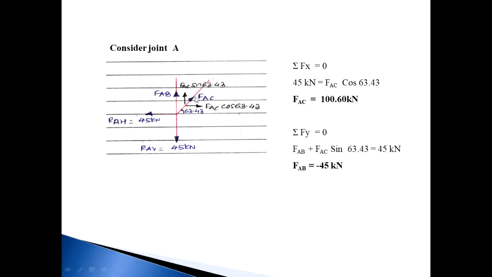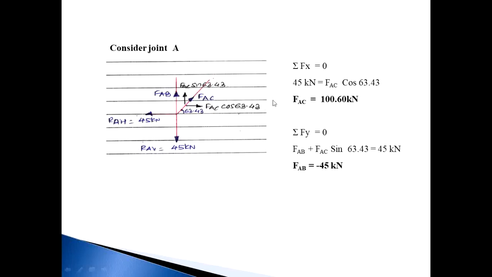And that Y component for FAC is FAC sin 63.43 and the direction is upward. So in this system the horizontal forces are two, that is RAH and FAC cos 63.43. FAC cos 63.43 is going towards the right side and RAH going towards the left side.